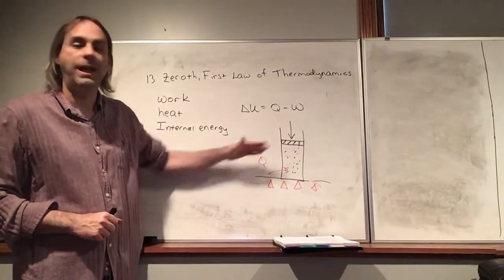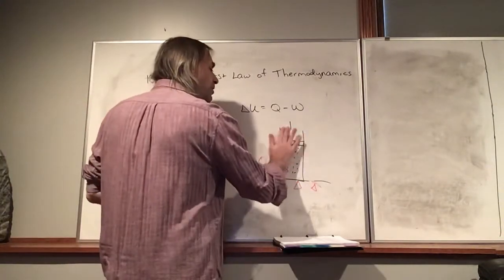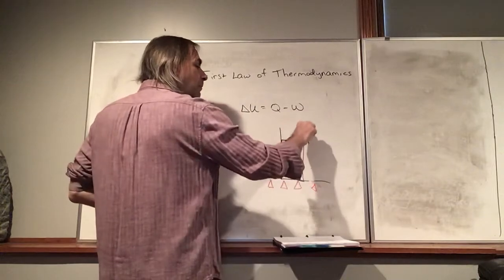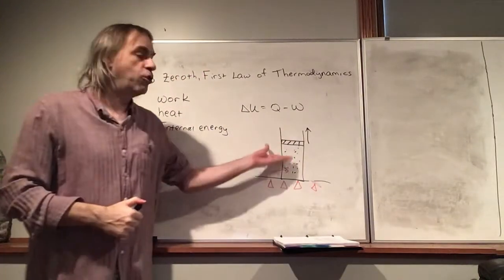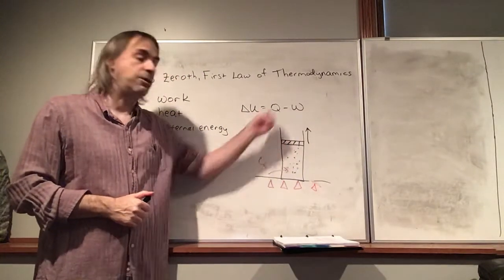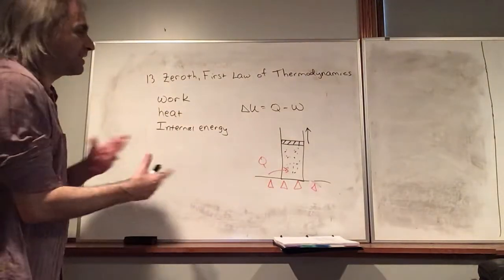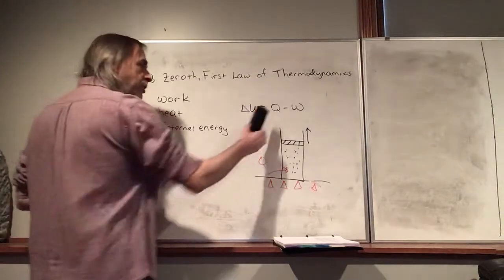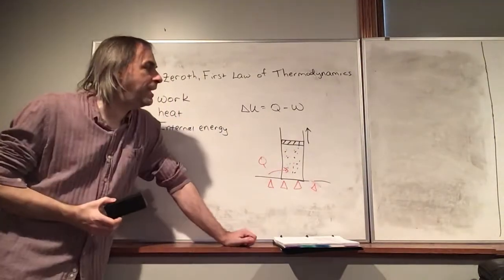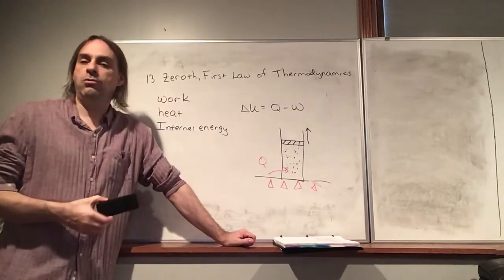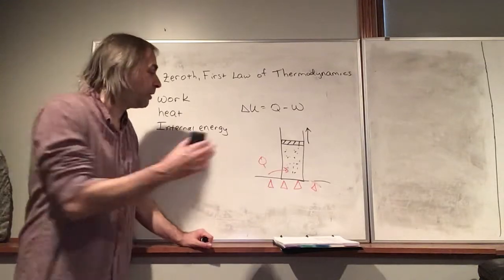We're doing work on the gas. Well, what if the piston is expanding? And then the gas is pushing this piston, and it's the gas that's doing work on its environment. So Q and W represent heat and work, but we need to know what direction things are flowing.